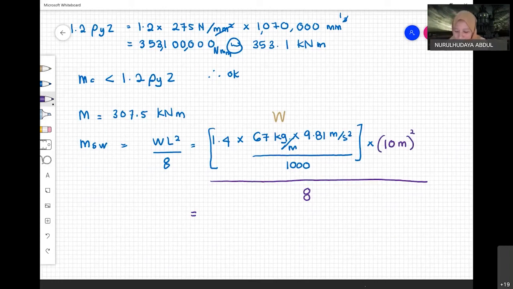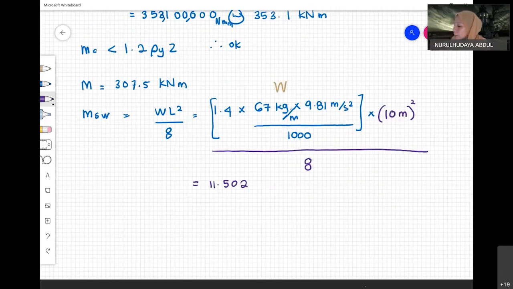Okay, sebenarnya 11.502, you ada salah tekan kot. Cek balik. So this is moment, sebab kat sini dia dah jadi, you dah kilogram, dah darab dengan 9.81, dia dah jadi Newton, you dah bagi 1000, dia dah jadi kilonewton. So kilonewton, so maksudnya yang ni semua, dia dah jadi kilonewton.